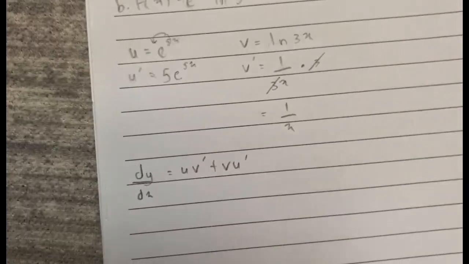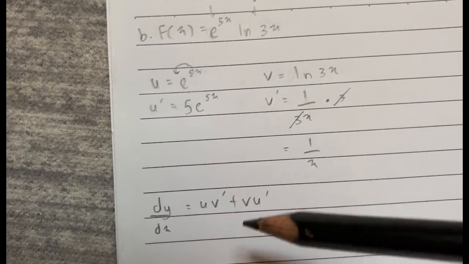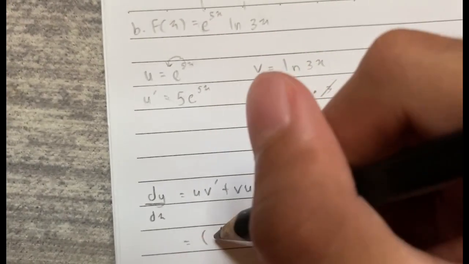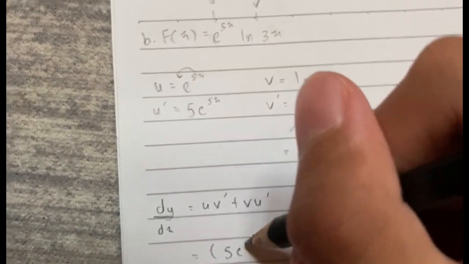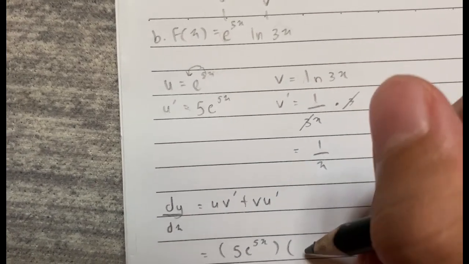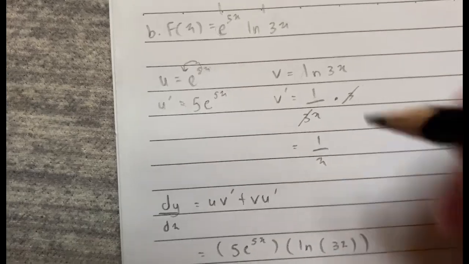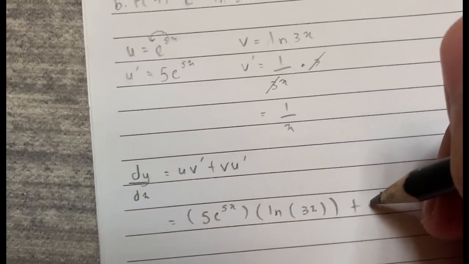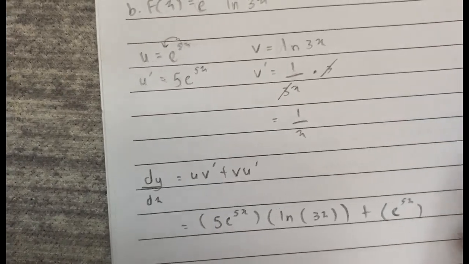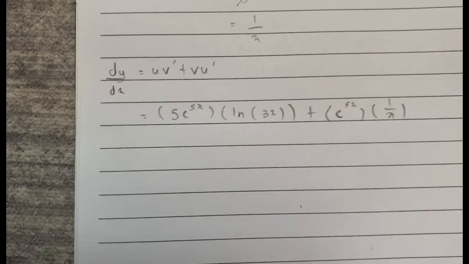We just include this in the formula: 5 e to the power of 5x ln 3x plus e to the power of 5x times 1 over x.